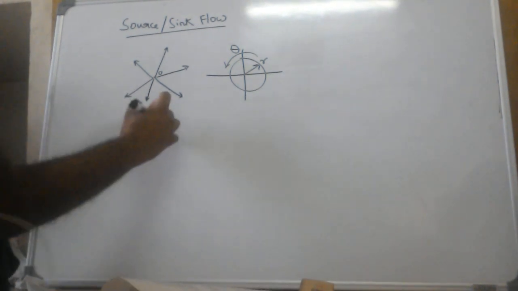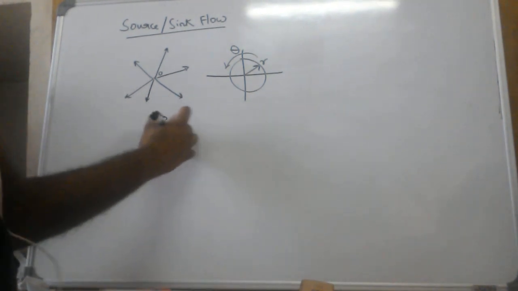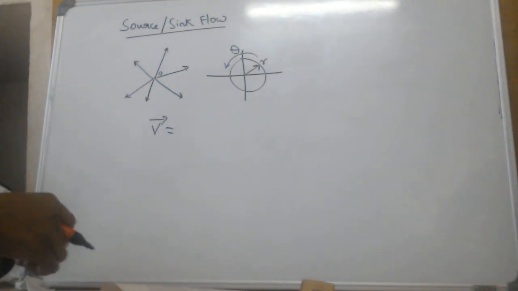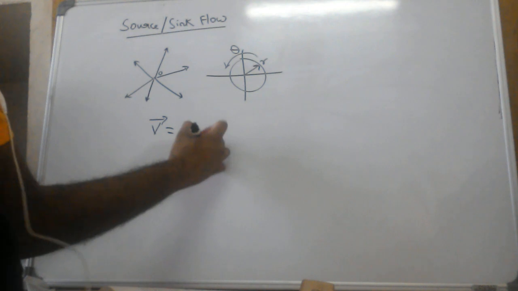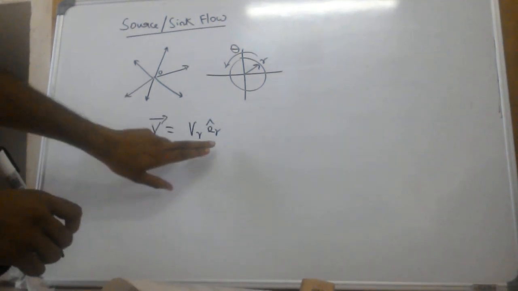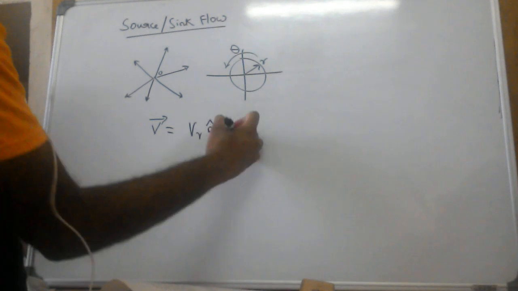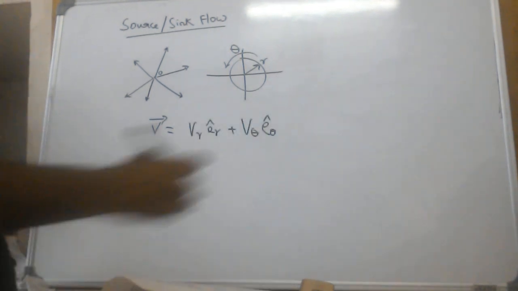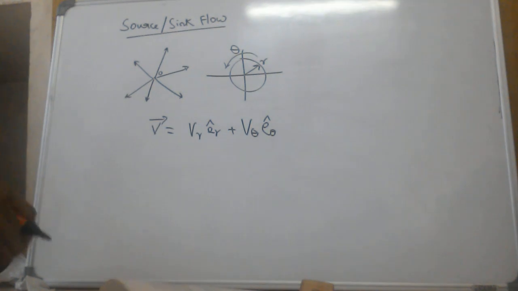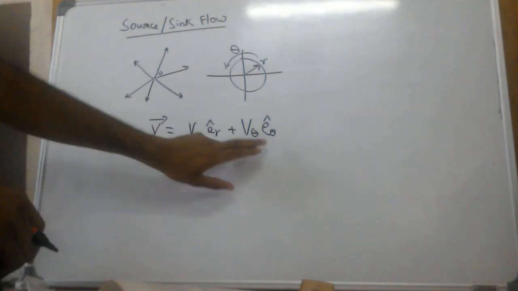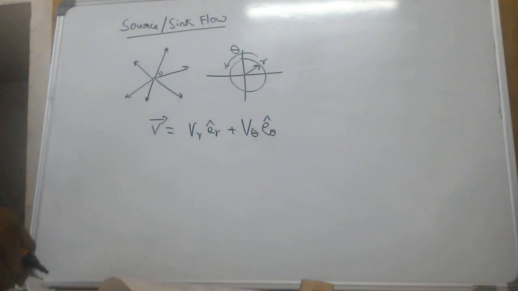Let's say the velocity vector can be decomposed into two components: the radial component Vr Er cap, where Er cap is the unit vector in the radial direction, plus V theta E theta cap, where E theta cap is the unit vector in the theta direction.